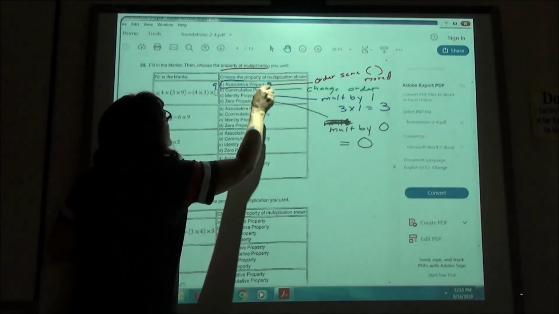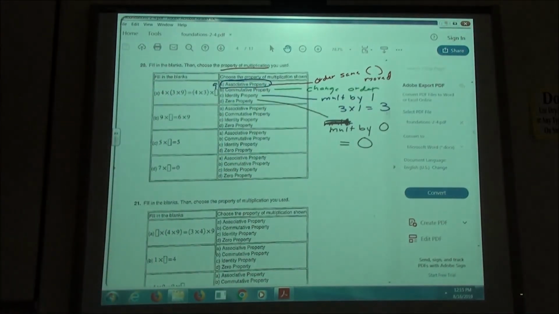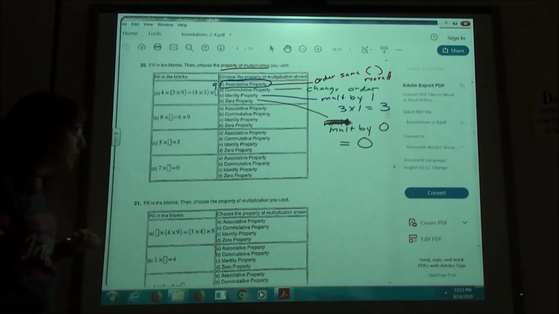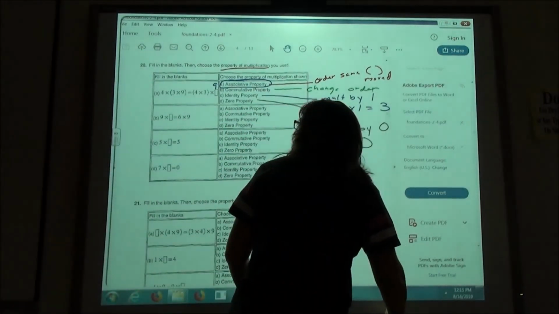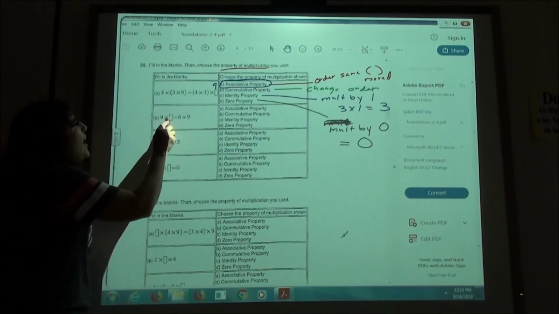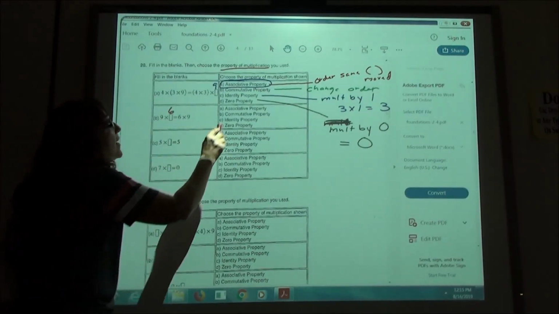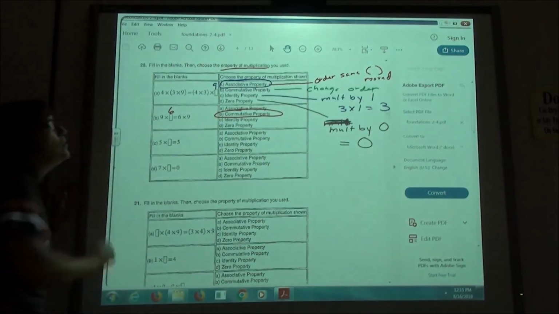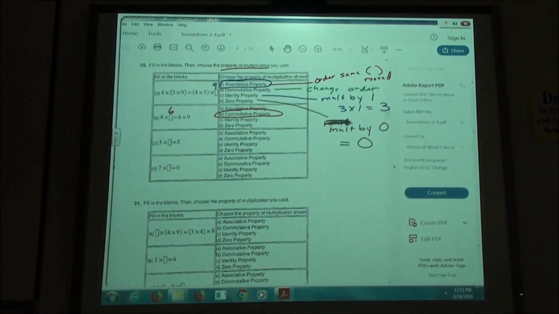Associative property, the order has to be the same on both sides, the parentheses are moved. The next one is an example of your commutative property. If you look at that, 9 times what number equals 6 times 9? Well, 9 times 6 has to equal 6 times 9. That's your commutative property where I switch the order of my numbers around.